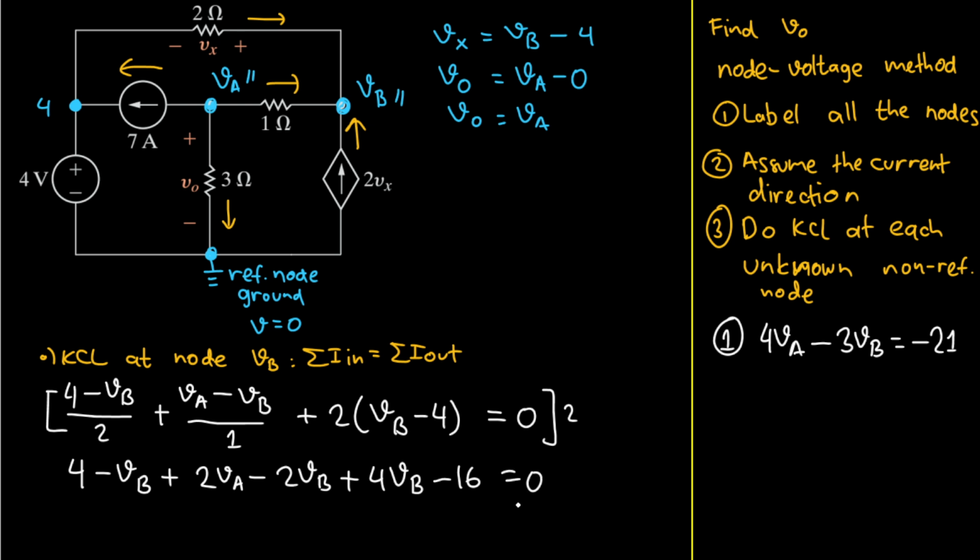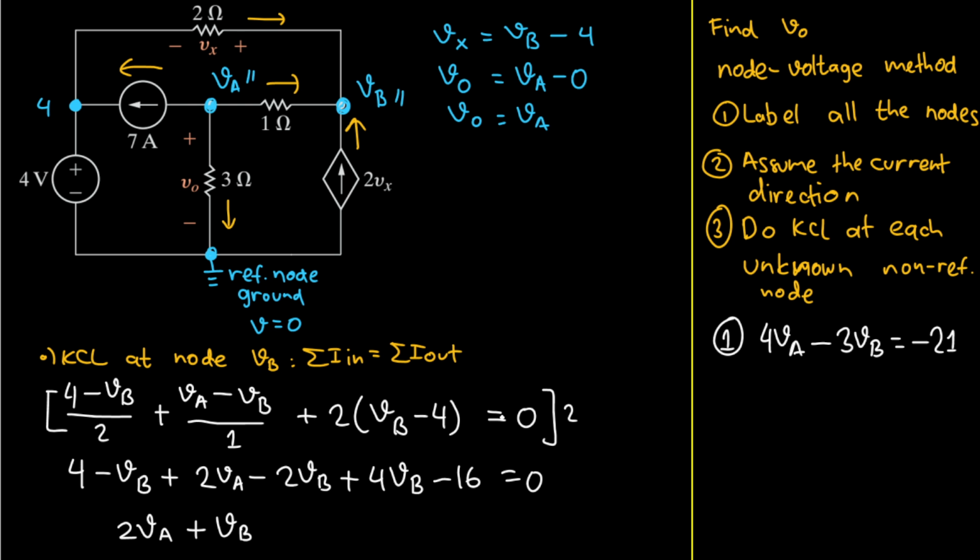Good. And now we will have 2VA here. And then minus VB minus 2VB, that will be minus 3, minus 3 plus 4, that will be plus VB. Okay, and then let's move this 16 to the right hand side and also the 4.